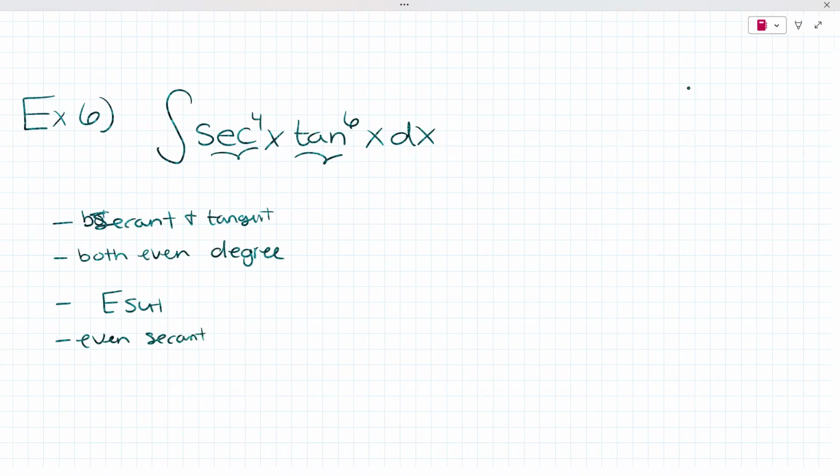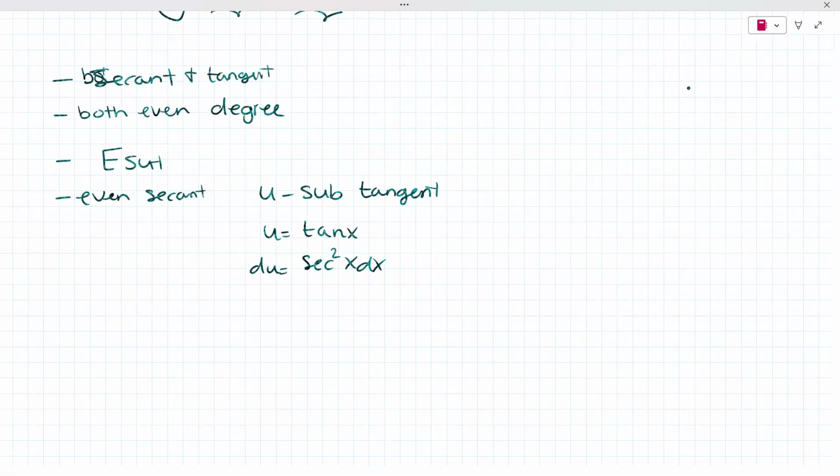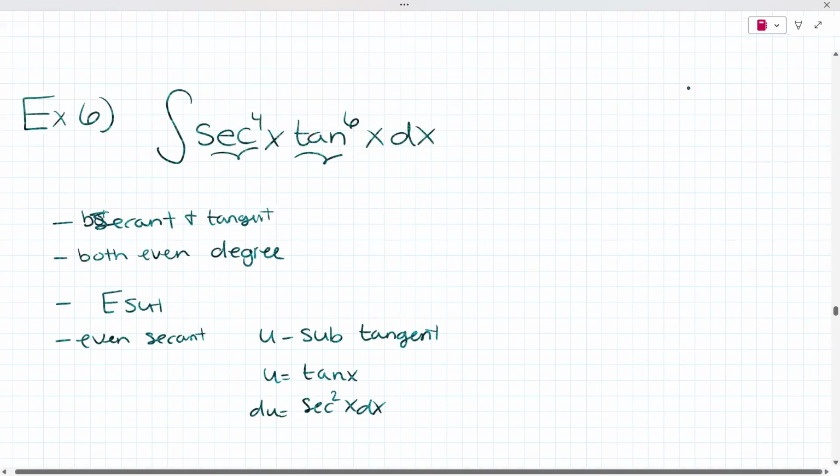So we're going to do u-substitution. You're going to use u equals tan of x, and du is secant square x dx. And let's see, we have secant fourth of x.